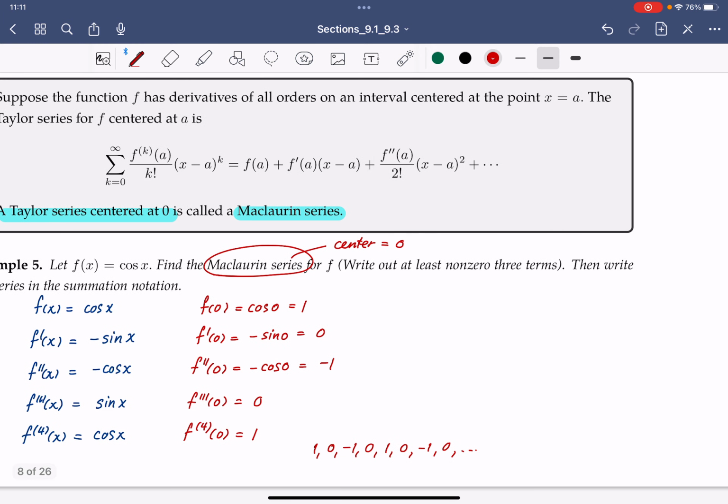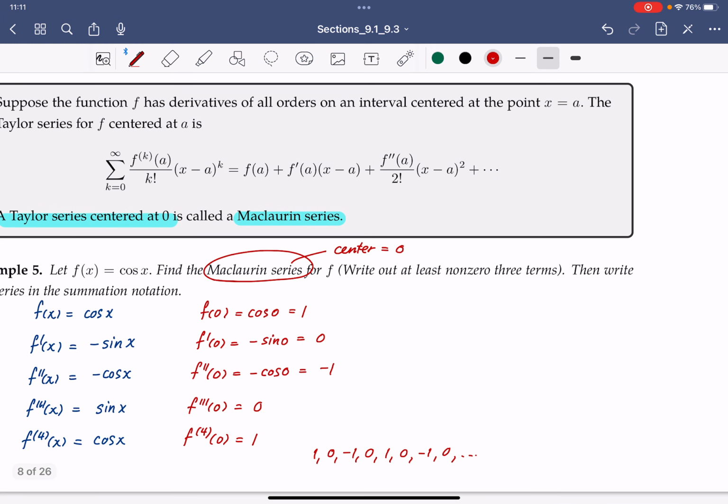This is how it works for the Taylor polynomial for the cosine function. Now you can see that the terms that have coefficient 0 are going to disappear from the Taylor series. So cosine x: the first term you have is 1. The second term you don't have because the coefficient is 0.